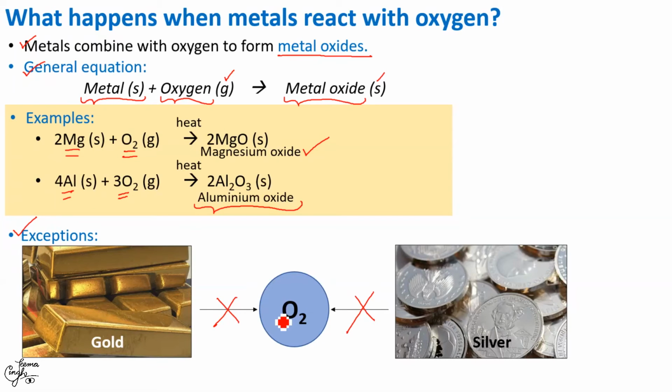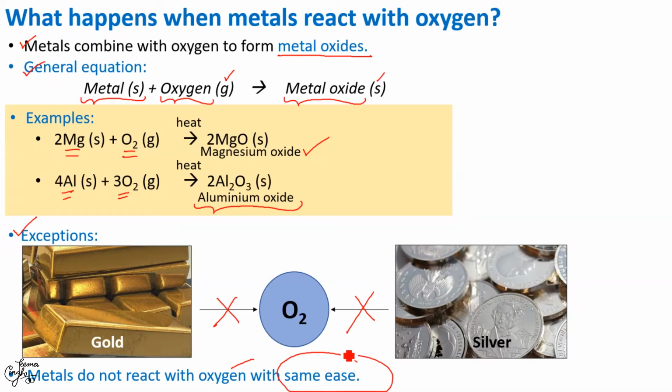The metal samples we took, or metals in general, do not react with oxygen with the same ease. Some react with oxygen vigorously even at room temperature, some of them on being heated, few others on being strongly heated, some on prolonged strong heating, and a very few like gold, silver, and platinum not at all.